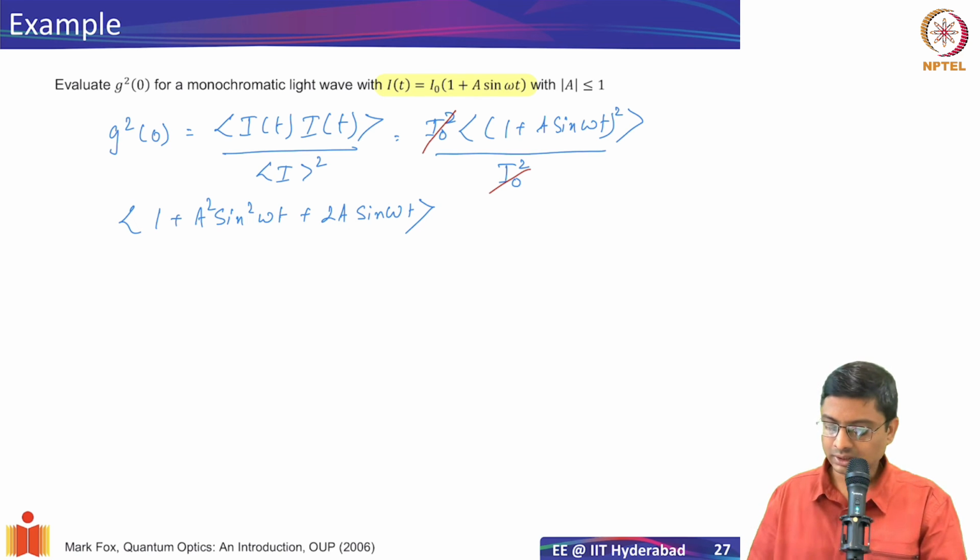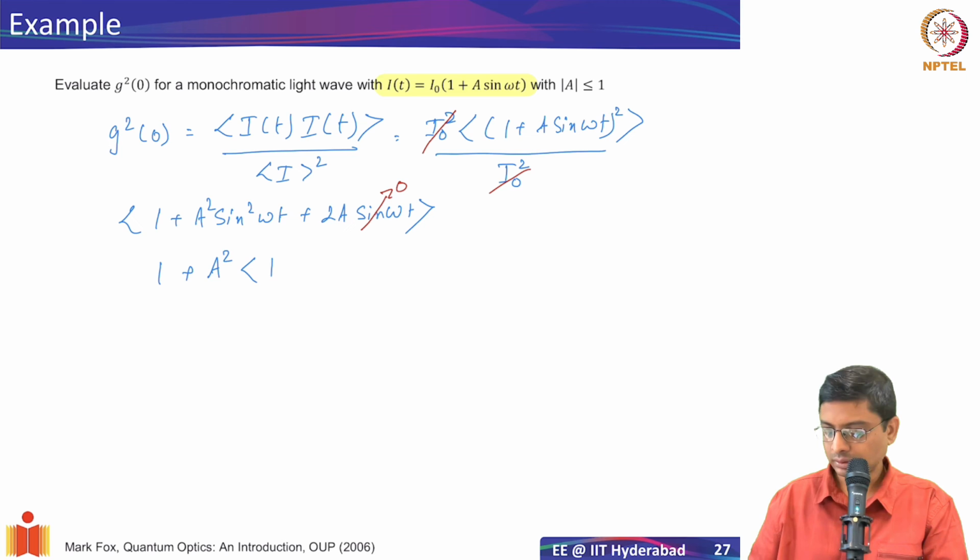So now if you look at this, the time average of sine omega t is going to go to 0. Basically I can take it out as 1 plus a square times the time average of sine square omega t, which is 1 minus cos 2 omega t, by 2, right?